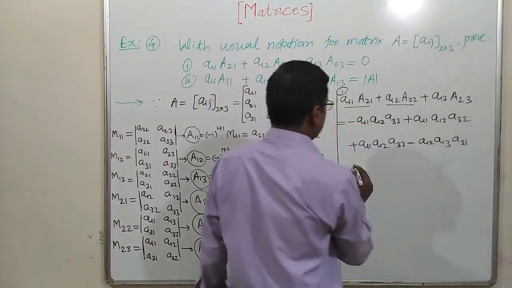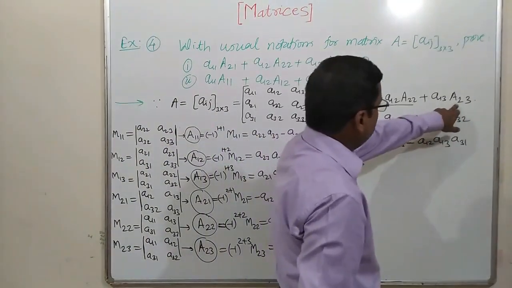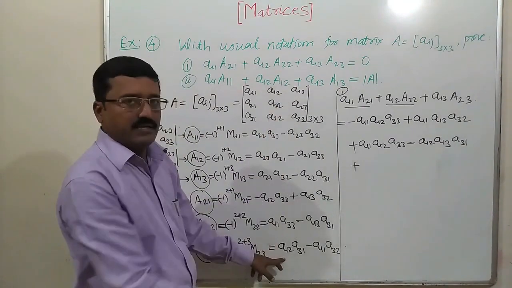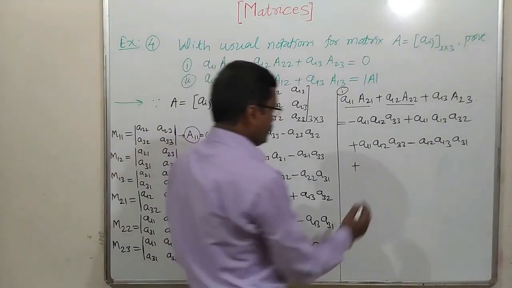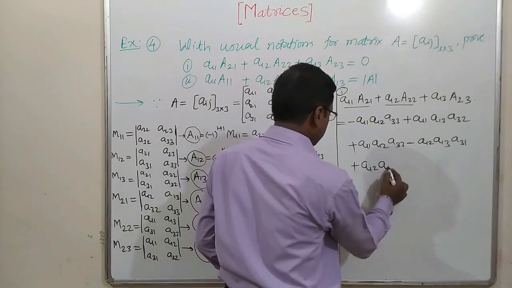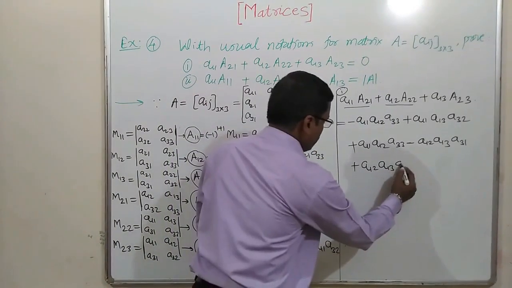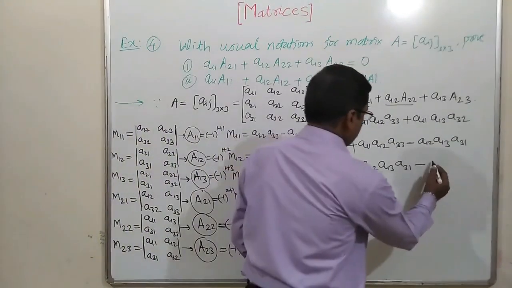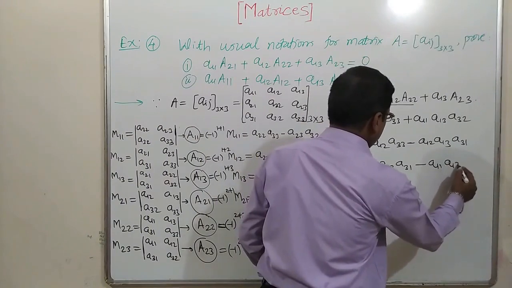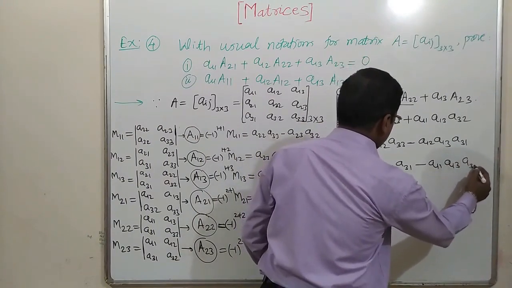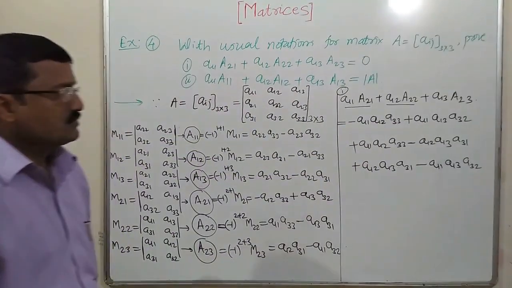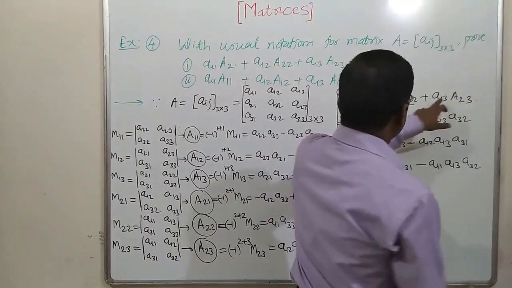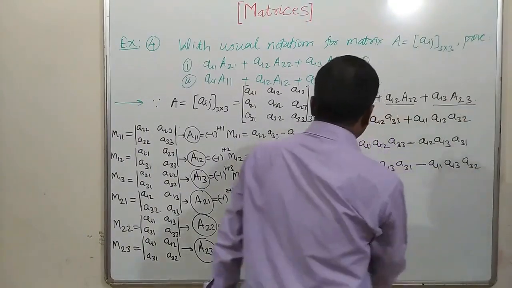Now the last one is this, plus multiply a23. When a23 is this, multiply each term of a23 by a13. So a12, a13 and a31, minus, multiply this by a13. So a11, a13 and a32. So we get these 6 terms by multiplying these 3 cofactors by these 3 elements.